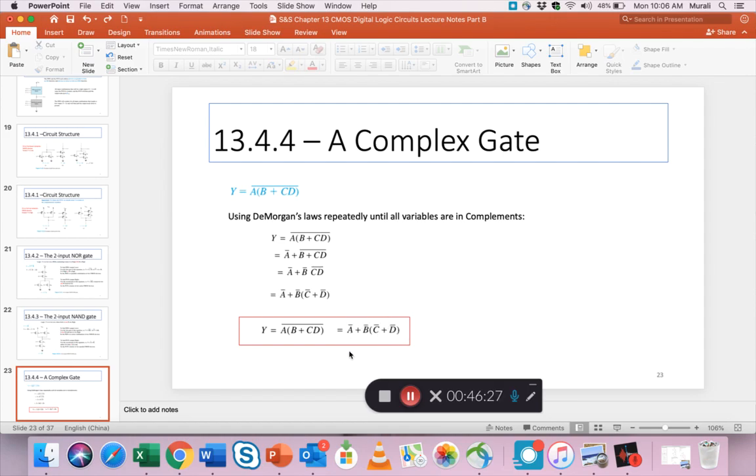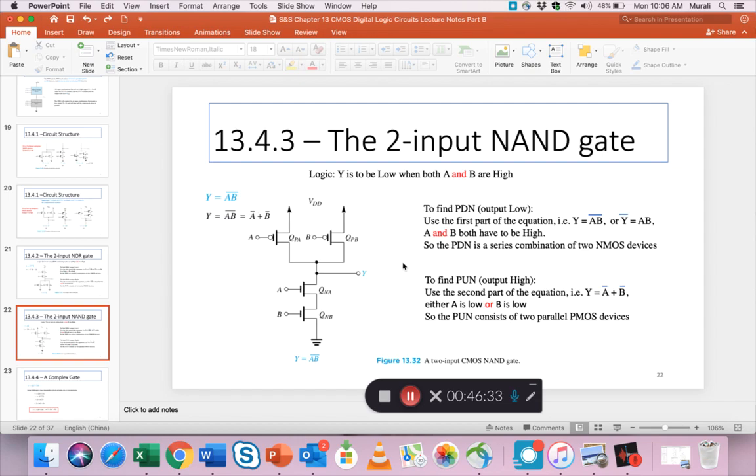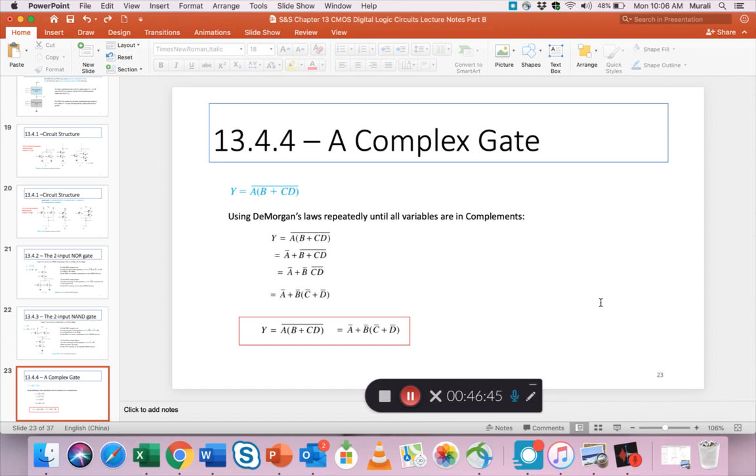If you can write it in that way, then you are a very happy person, because then you can easily create the PDN like I show, the PUN as I show in the previous slide, by using only the complements, right? So back on slide 23, what we have to do is spend some time and energy to go from this to this. Okay, what are the steps?